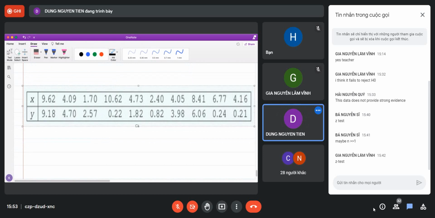Based on these two numbers, you don't know which one you should use, correct? So you have to draw the graph before you actually perform some hypothesis testing. Do you understand?